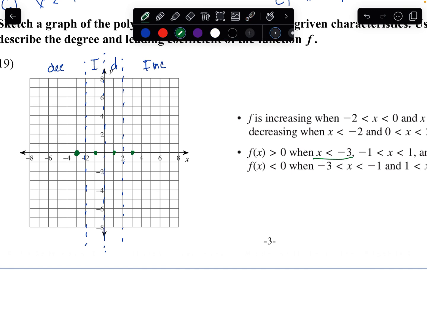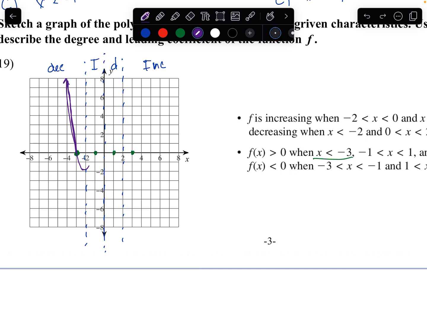Now let's go ahead and draw our graph. So we're decreasing here, so we have to be coming down. And I know that I have to be coming down, and I'm going to have to hit the x-axis right here. And then I have to keep coming down because I'm going to decrease up until this line right here, and now I have to turn because now we're increasing.